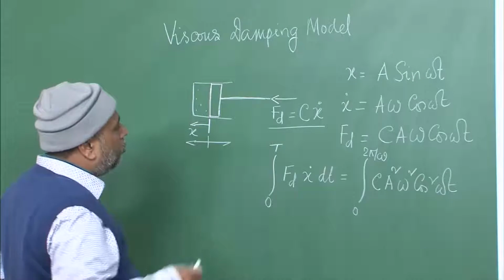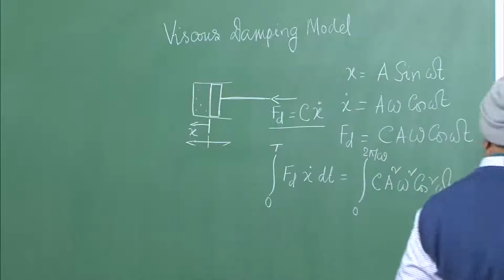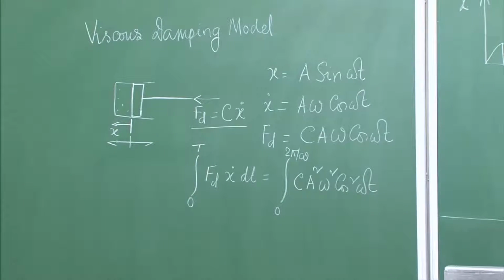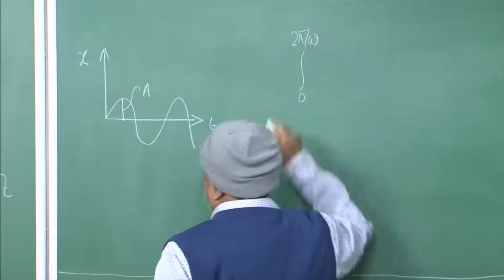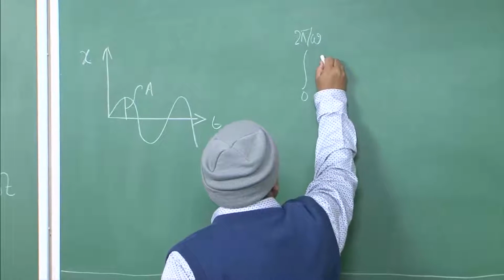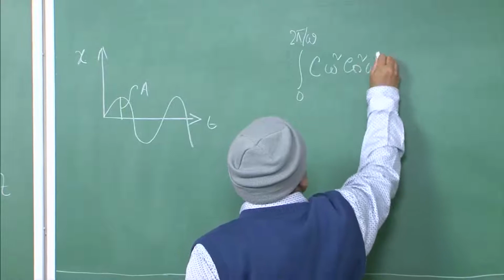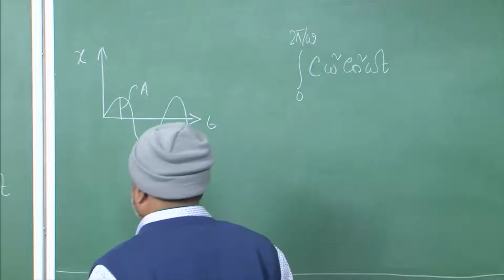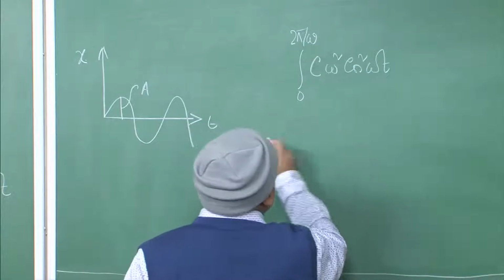Now, let us try to evaluate this. It is a very simple integration. Let us try to do that. What we have to find out is the integral from 0 to 2 pi over omega of C a square omega square cos square omega t, where C is our damping coefficient and a is of course the amplitude, that is a constant.